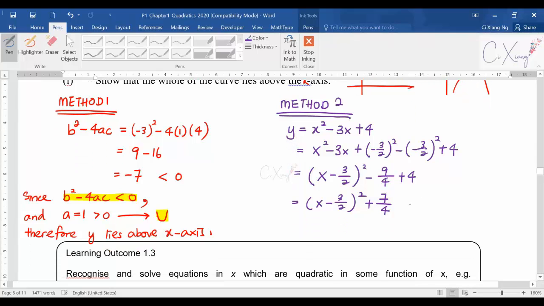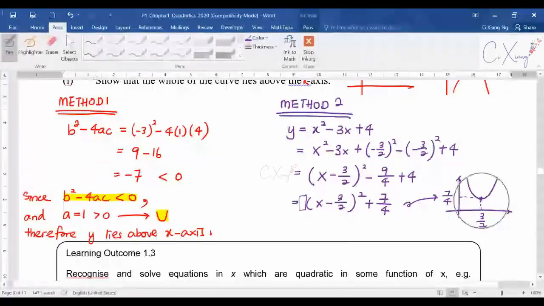Okay, so after you complete the square, you just need to show them that for this graph, you are having a U-shaped graph because you know that A, again, the A is positive, right? So you draw a U-shaped graph, and you also show them the vertex, 3/2 and 7/4.